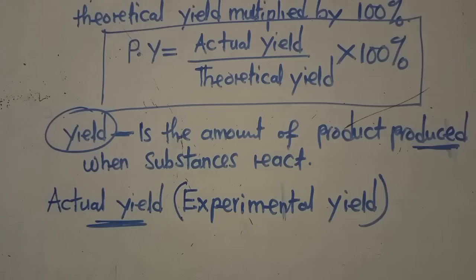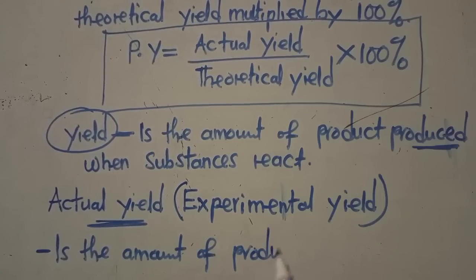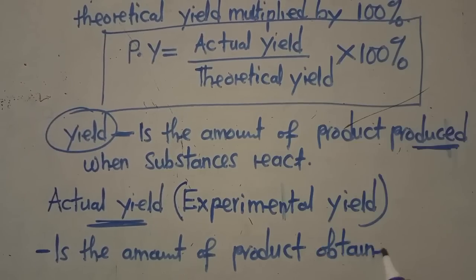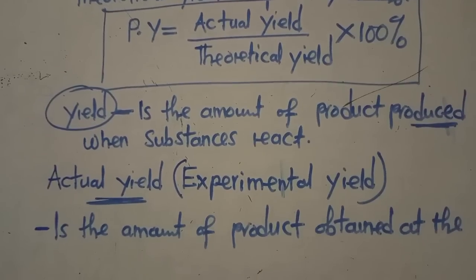The actual yield is the amount of product obtained at the end of the reaction.